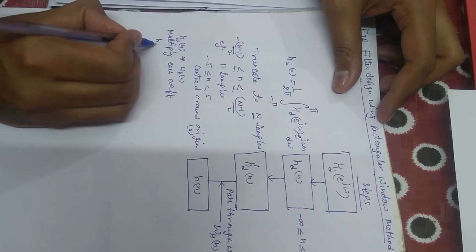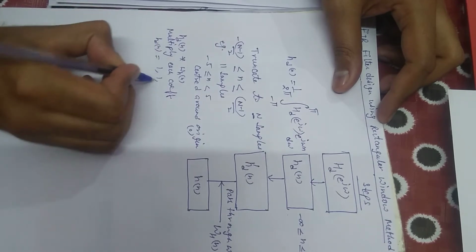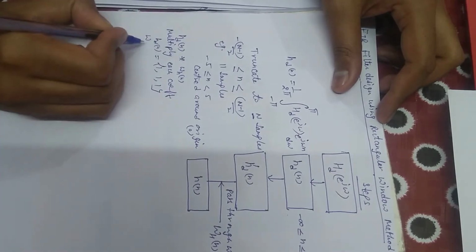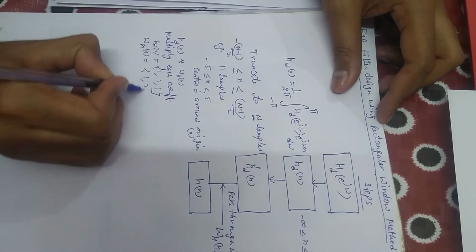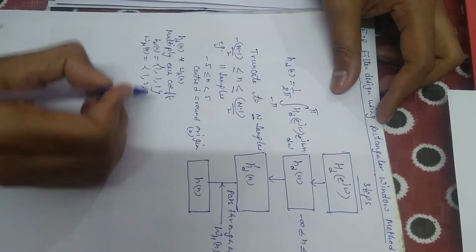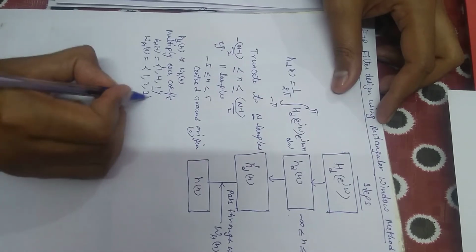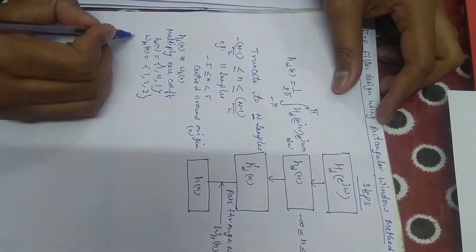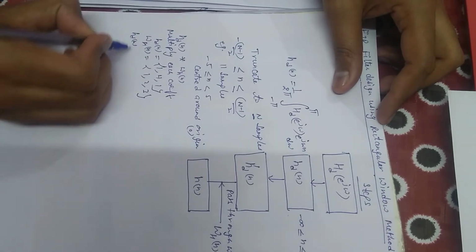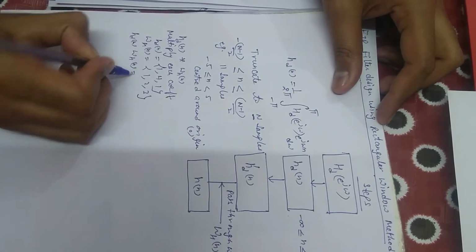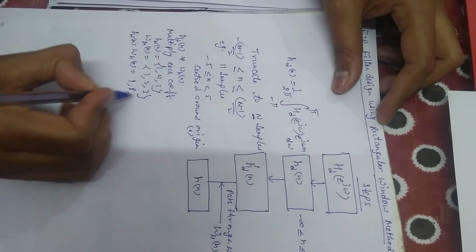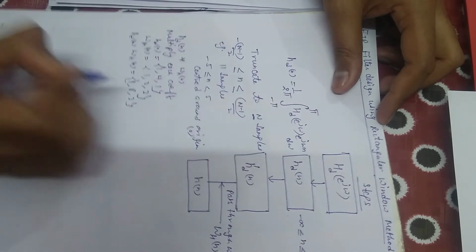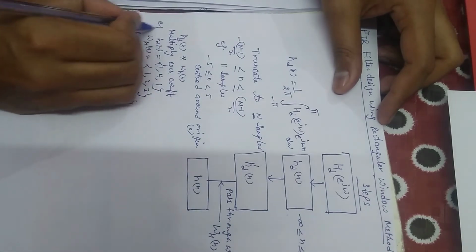Suppose hd[n] is 1 1 1 and w[n] is 1 2 3, suppose it is 1 4 3 for example, then multiplication will yield 1 into 1, 4 into 2 is 8, 3 into 1 is 3, for example.